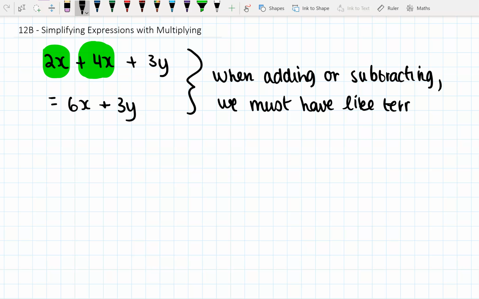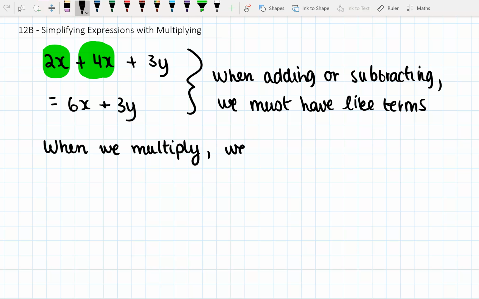Okay. Now, when it comes to multiplying, it doesn't actually matter. When we multiply with algebra, it doesn't actually matter whether they're like terms or not.